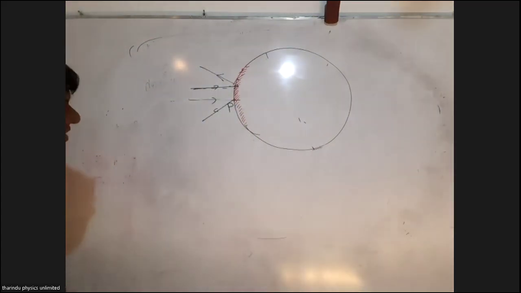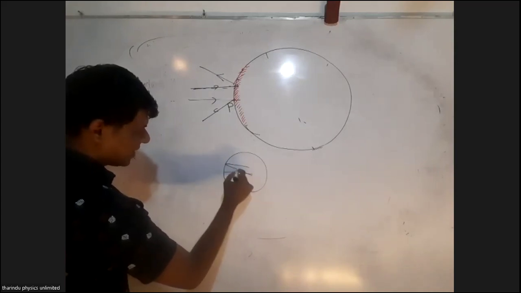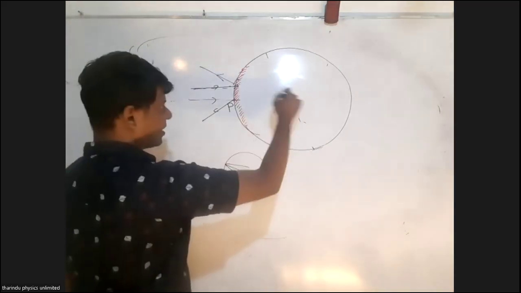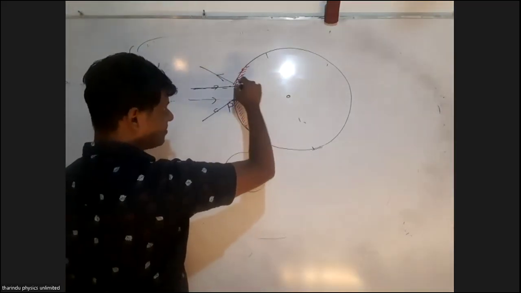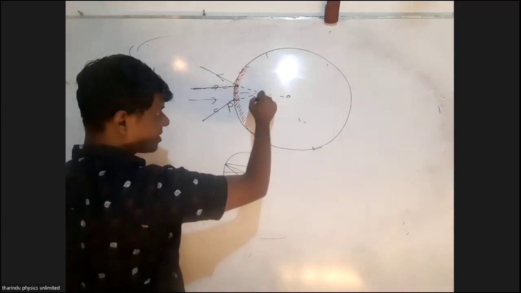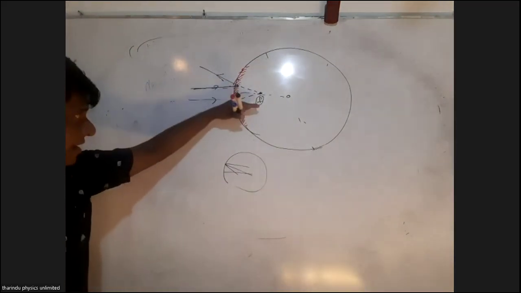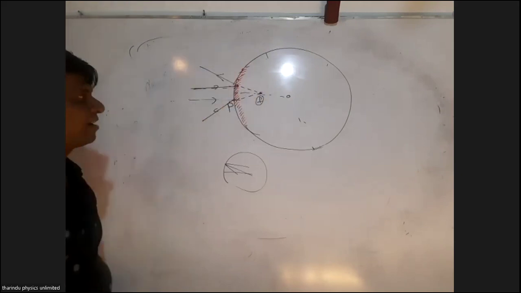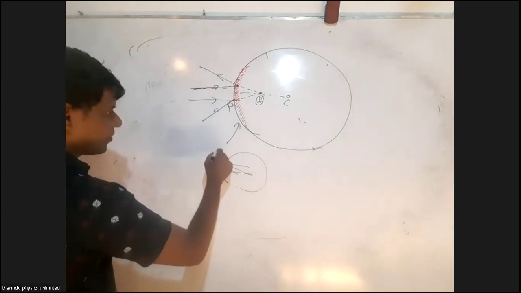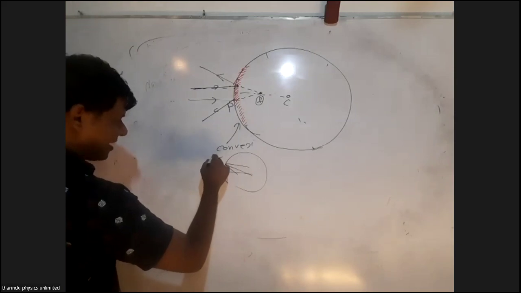Can you remember I drew something like this: a ray comes, makes a similar angle and reflects back like this. It should reflect as if coming from F, not really coming from there. This point is C. So this whole thing is for the convex mirror.